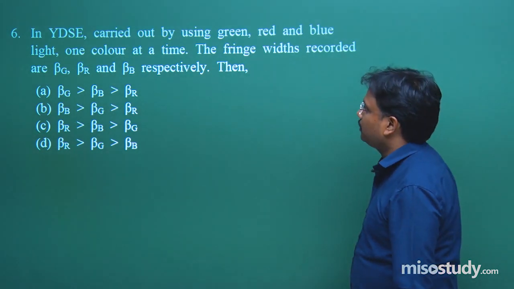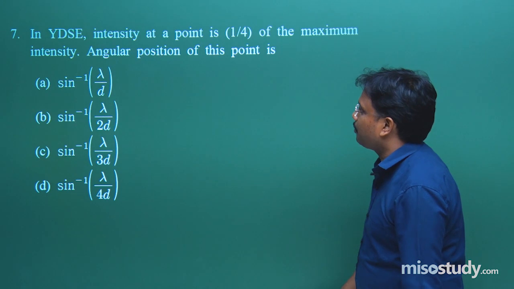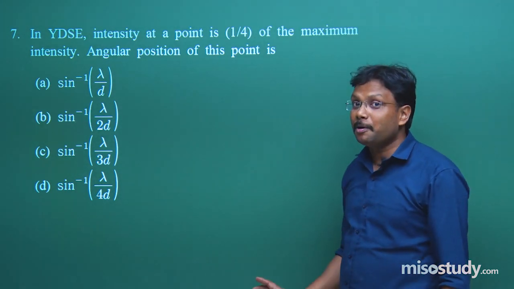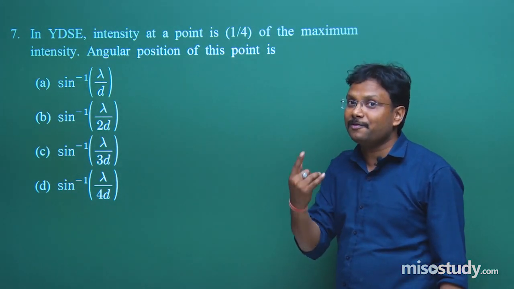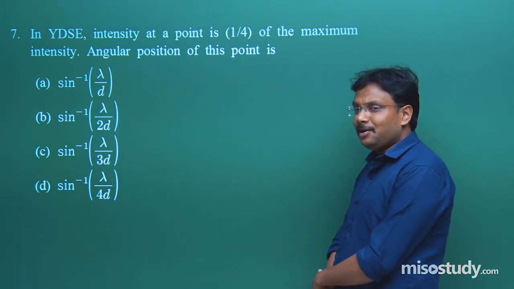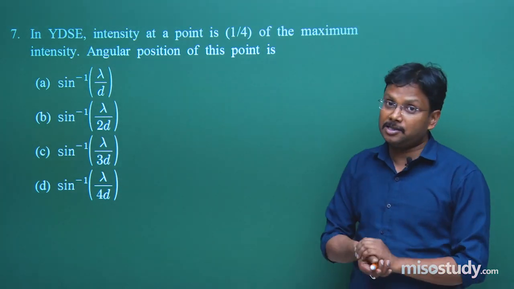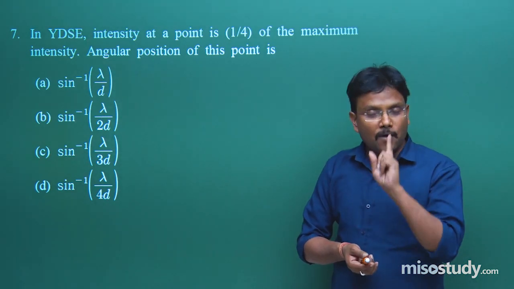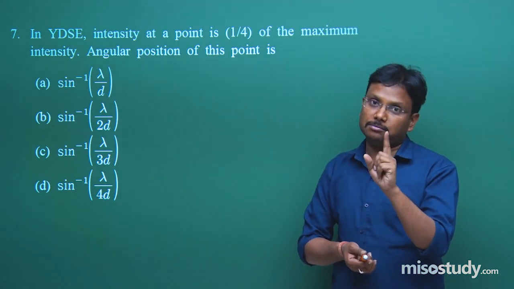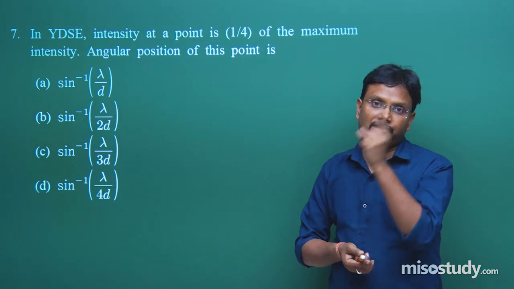Let us move to the 7th problem. Why is it the 7th problem? You know, this is the second episode of that previous serial. Again YDSE. If I am emphasizing this experiment, it means at least one question you will definitely get from this topic.